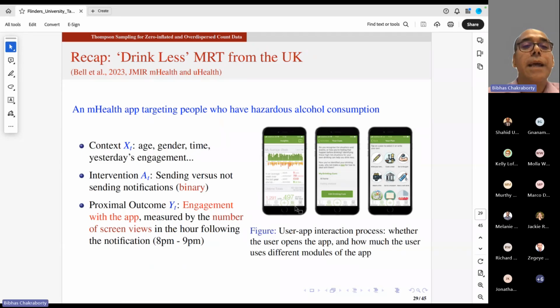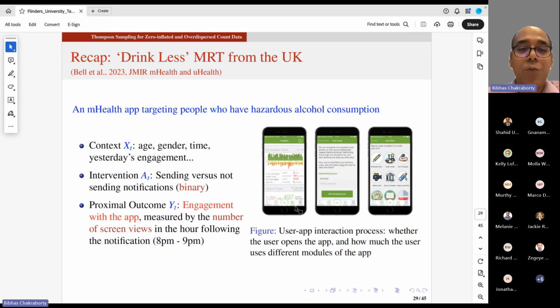In case you forgot, this is the slide I showed you about the Drink Less micro-randomized trial from the UK. Here the intervention setup is much simpler, but the outcome distribution is more difficult. We don't have a factorial structure.